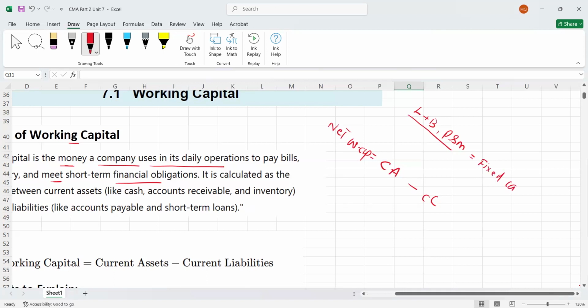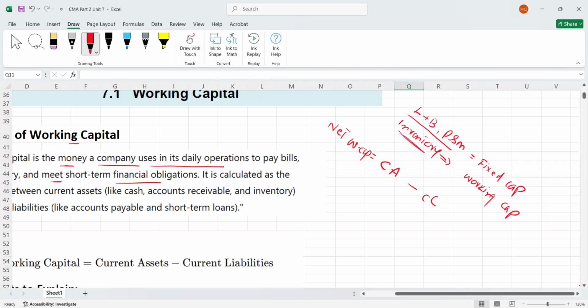But apart from land, building, and plant and machinery, we also need funds for our day-to-day operations. Maybe you need to buy inventory, pay your other short-term obligations, or pay your bills. Whatever money we use for that is called working capital.